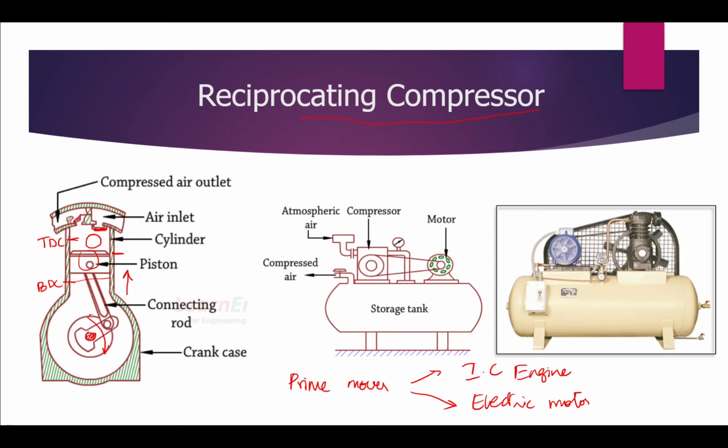So here valve will be opened and this high pressure air will be getting out of the cylinder. Here there will be no valve mechanism. Valves are operated by pressure difference. If the pressure here is low, this will get open. If the pressure here is high, this will get open. Depending on that, the valves will operate.